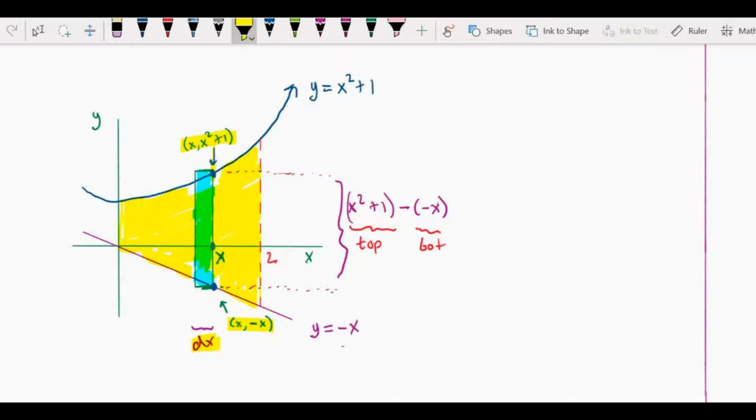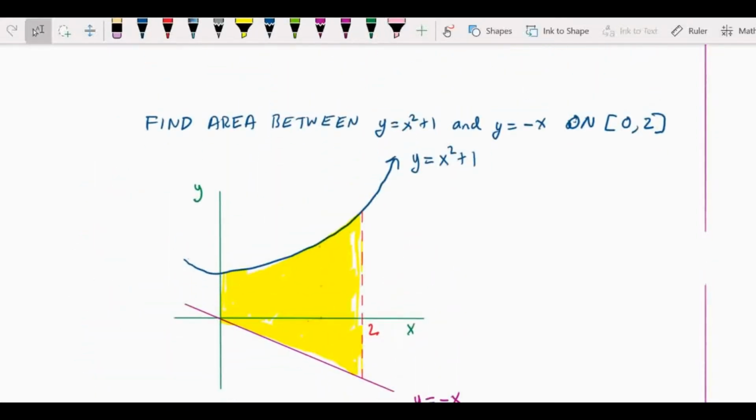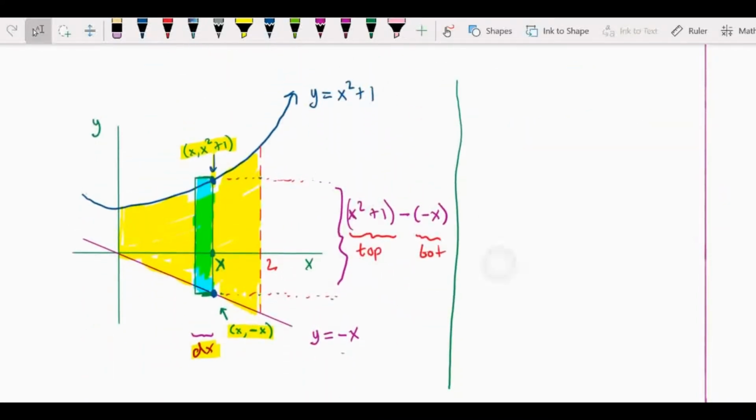So what we need to do is to recall that what we want to find is the area between these two curves on the interval 0 to 2. We can set up the integral this way. It's going to be the integral from 0 to 2 of x squared plus 1 minus negative x, we'll put some brackets around that, and dx.